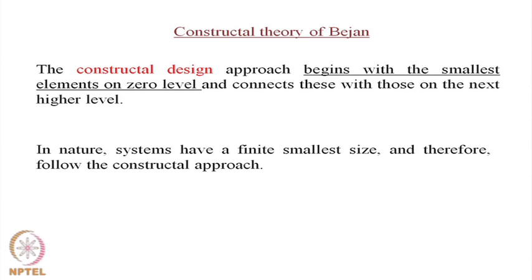The constructal design approach begins with the smallest element on level 0 and connects these with those on the next higher level, and this is very common in biological systems. Think about the arterial network that we have in our system. The smallest of these arteries, the capillaries, reach each and every cell of our body.